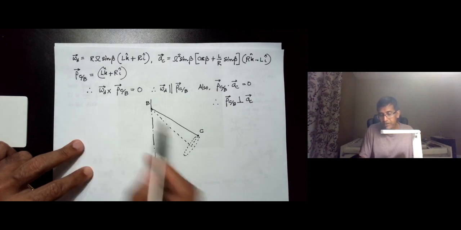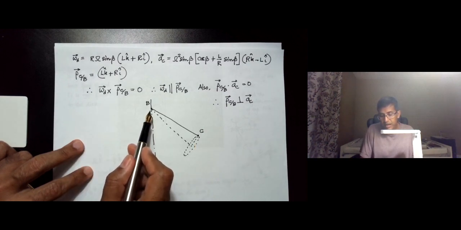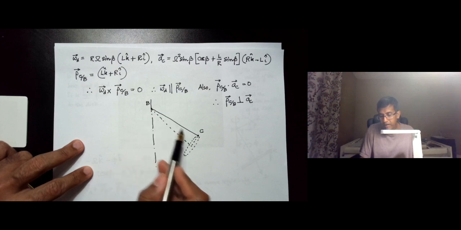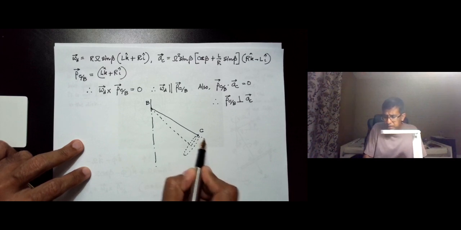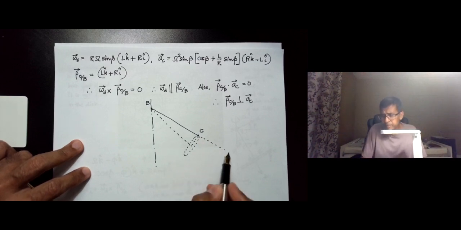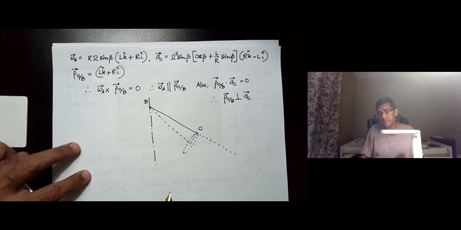Now the angular velocity of this disk is parallel to the line BC, and we can extend it. What does that signify?